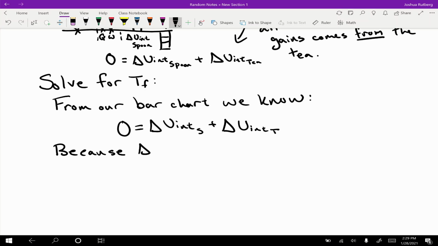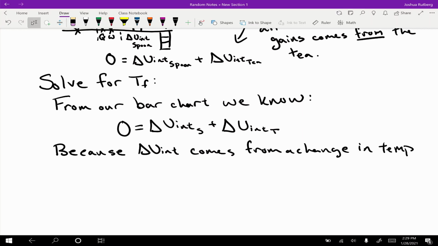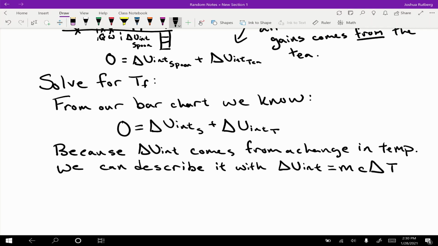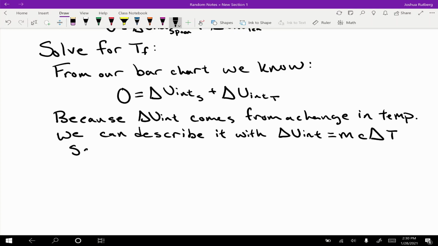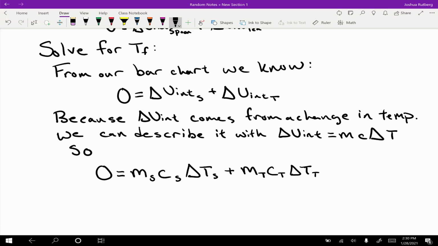So because delta U internal comes from a change in temperature, we can describe it with the equation that we learned in lab this week, delta U internal is equal to mc delta T. So 0 is equal to m of the silver, c of the silver, delta T of the silver, plus mass of the tea, specific heat of the tea, change in temperature of the tea.